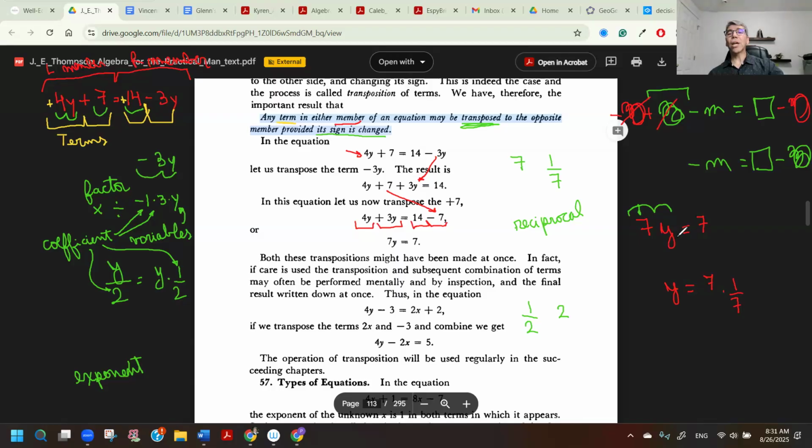We are basically going to say, let's divide both sides of the equation by 7. And so of course, 7 divided by 7 is 1. So we are getting rid of that. And now we end up with 7 over 7 times 1 over 7 on the other member of the equation.